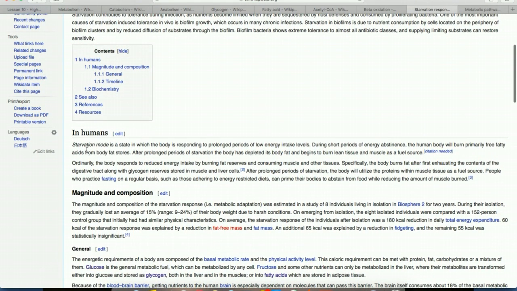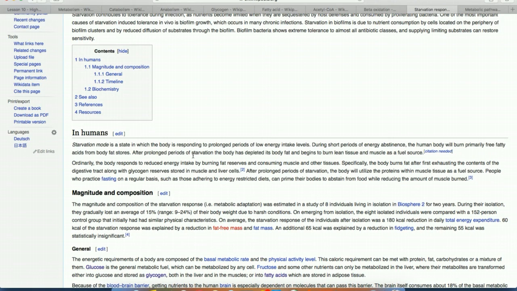Let's see, in humans, starvation mode is a state in which the body is responding to prolonged periods of low energy intake levels. During short periods of energy abstinence, the body will burn primarily free fatty acids from body fat stores. So first it uses, I guess, the glucose in the glycogen, then it uses the free fatty acids.